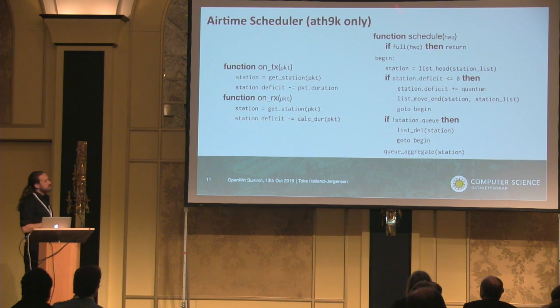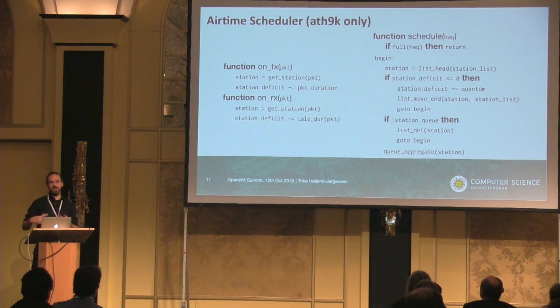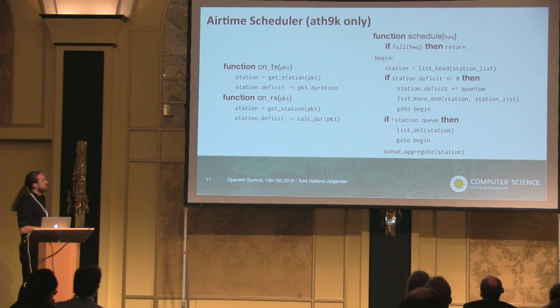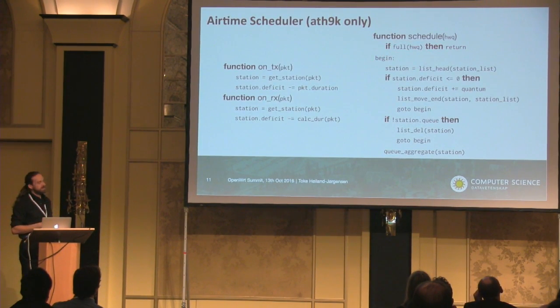And then over here on the right-hand side, we have the scheduler, which is what decides which station gets to go next. It's simplified a lot on the slide to make it fit on here, but it's based on FQ-Codel, so it's basically a round-robin scheduler where, as long as the hardware queue has space, we try to find the first station, that is this part, that has a positive deficit.